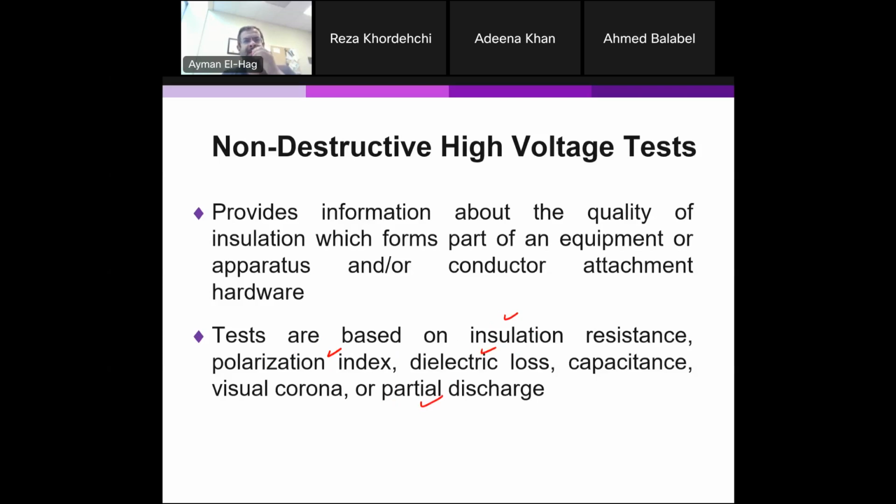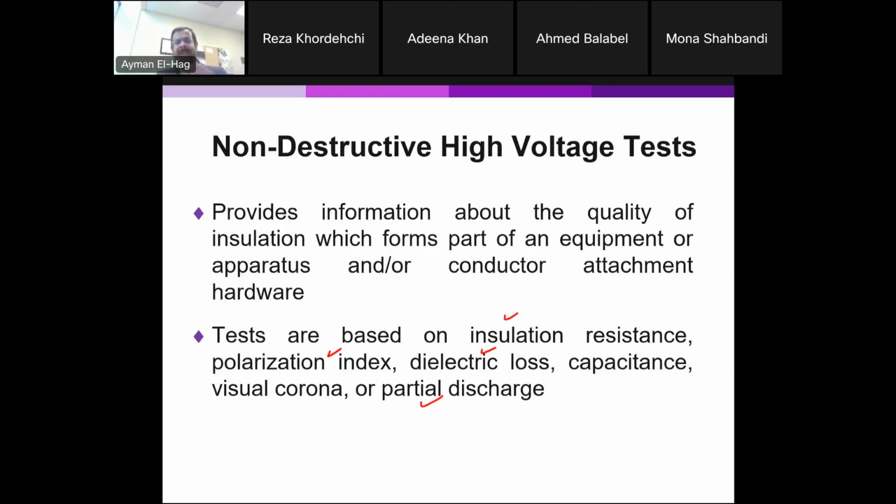Now, these tests are conducted in the factory and in the field. My concentration is more on the factories, but you will see a little bit of overlap, especially for dielectric loss or insulation resistance, which could be applied to the field as well. But for the partial discharge, I restrict it to lab tests, meaning that you do the test in the lab under controlled conditions, because partial discharge can be conducted in the lab or in the field.